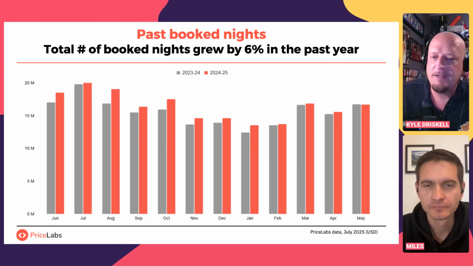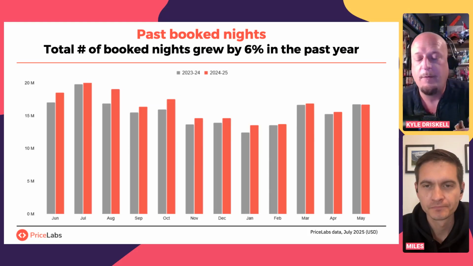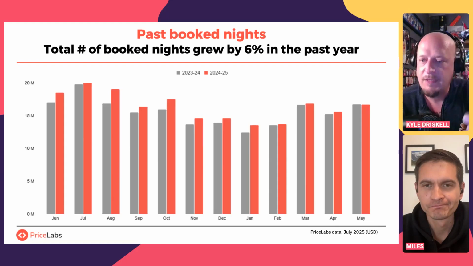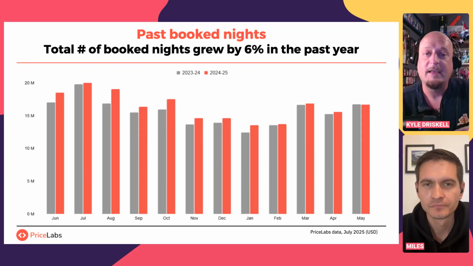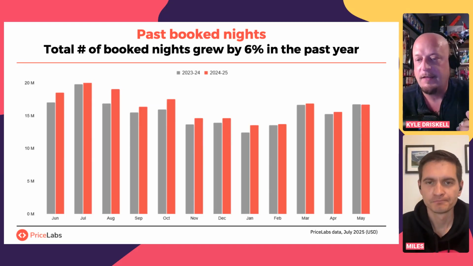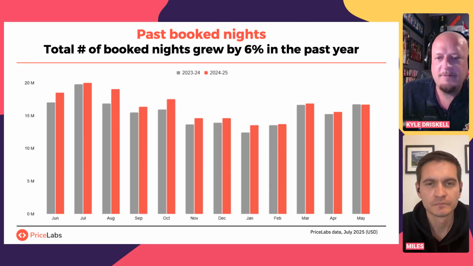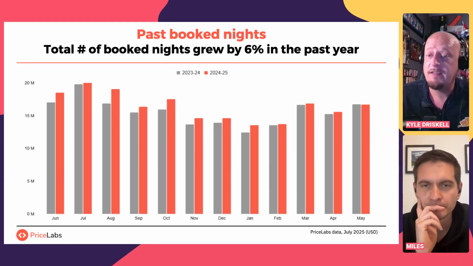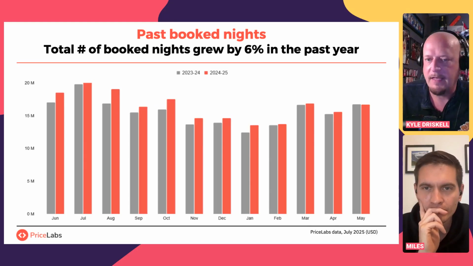But as we're actually looking at 2025 and comparing it, so this one on the far right, we've got May, there was actually a slight decrease. You see in April, just a slight increase. And again, what we're seeing, I think, in 2025 is a lot of standardization in some of these metrics. So we know that over the past year, booked nights have gone up, but as of April and May, it was kind of flat compared to the last year.